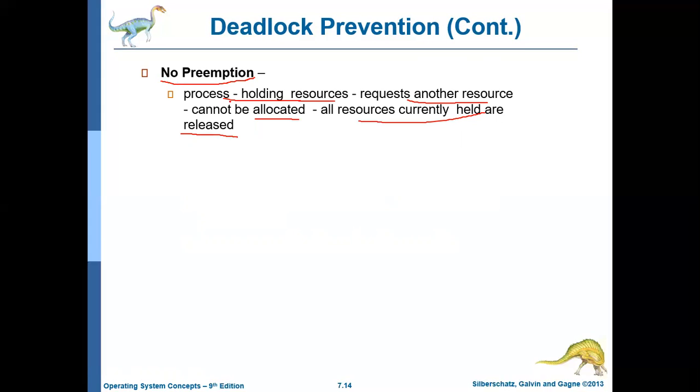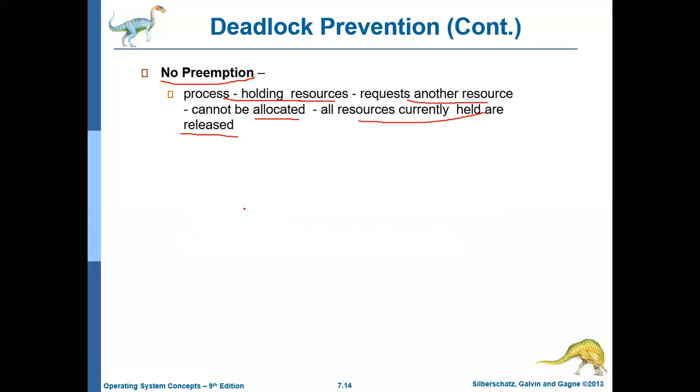So the first rule says that if a process is holding some resource and requesting a new resource, and that request cannot be satisfied by the operating system at that time, then the process should voluntarily release all the resources that it is holding.